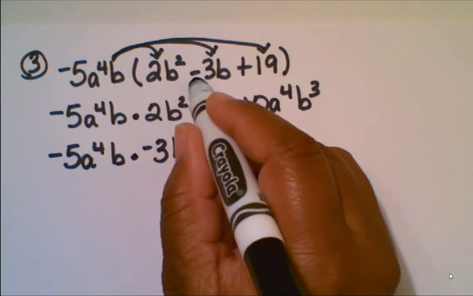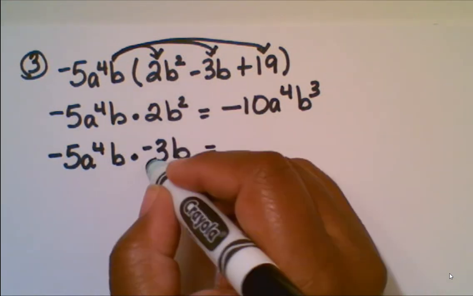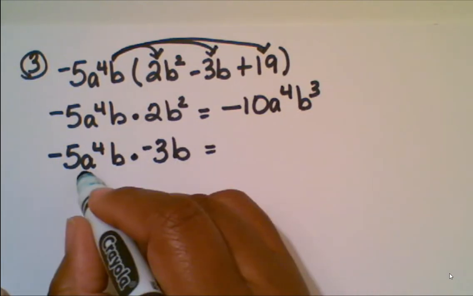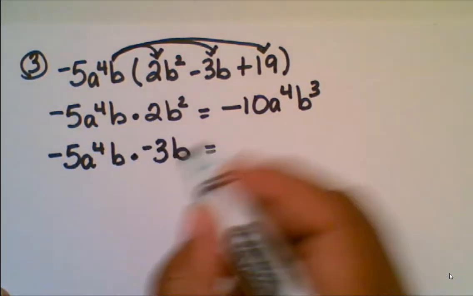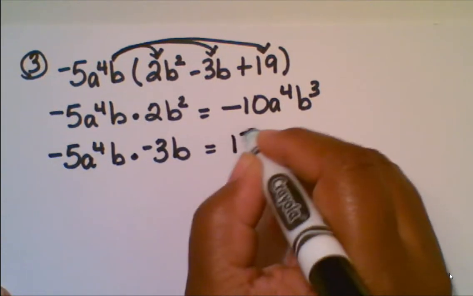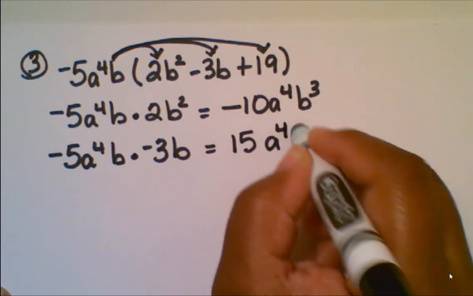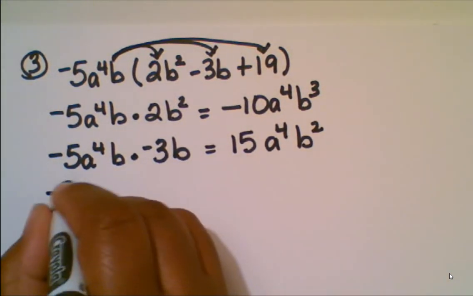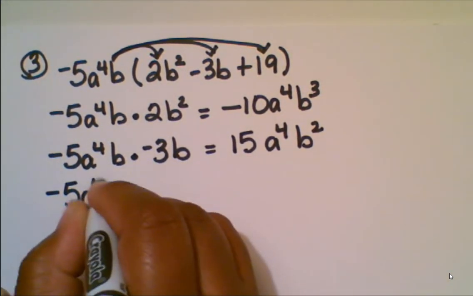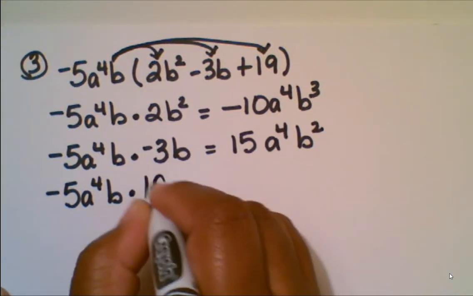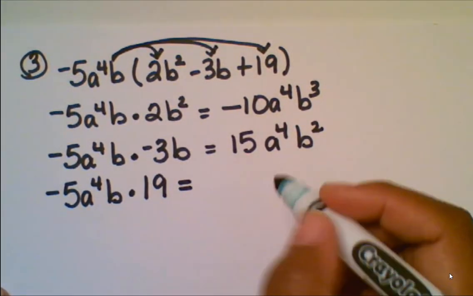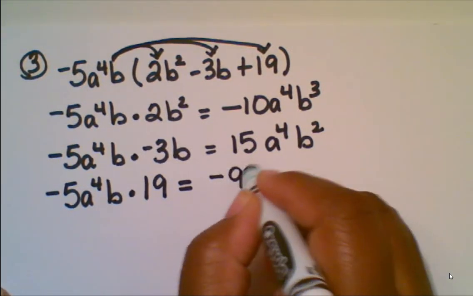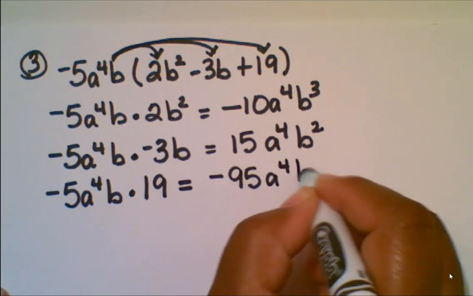There's a minus sign in front of the 3b, so we want to carry that as we multiply that negative 3b by the negative 5a to the fourth b. And this gives us 15a to the fourth b squared. And then lastly, multiply negative 5a to the fourth b by 19. And then we have here negative 95a to the fourth b.